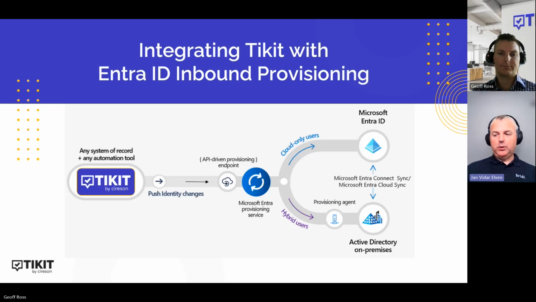So looking into what we can do today, let's say that we want to integrate Tikit with Entra ID provisioning. We can do that because if we place Tikit in any system of record or any automation tool, we can let users, for example, do a request for a user. We can submit a form and push those identity changes to the Entra provisioning service, and we will get a user created via a standardized process.